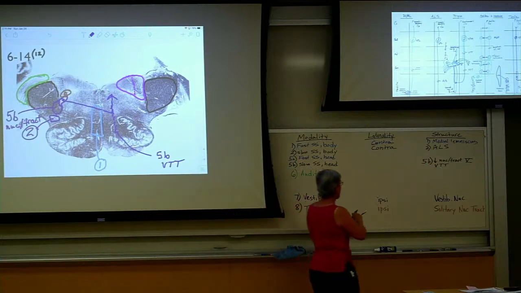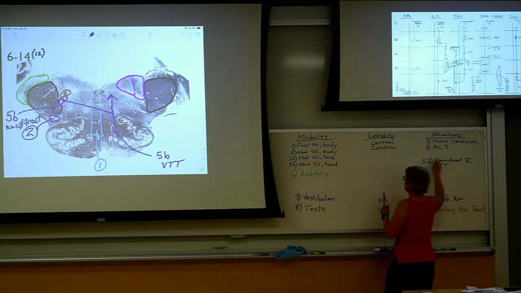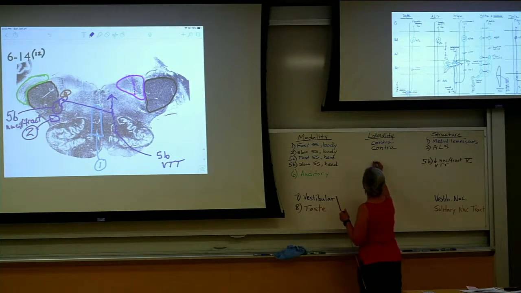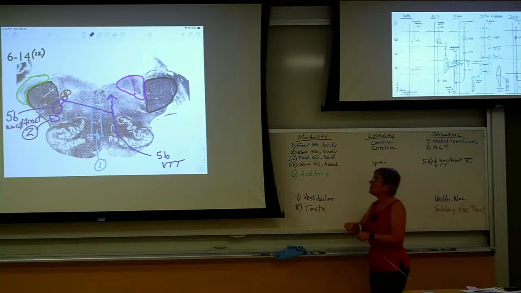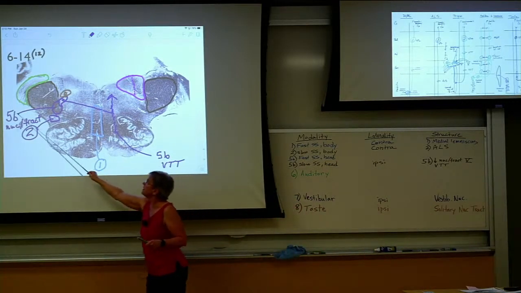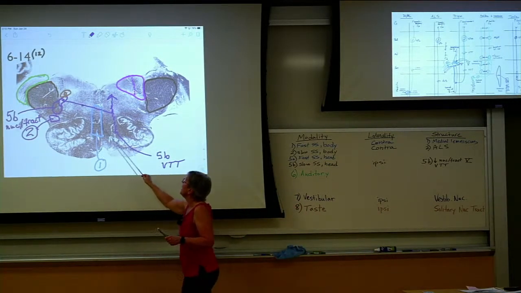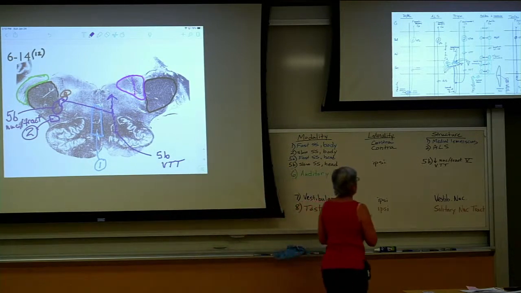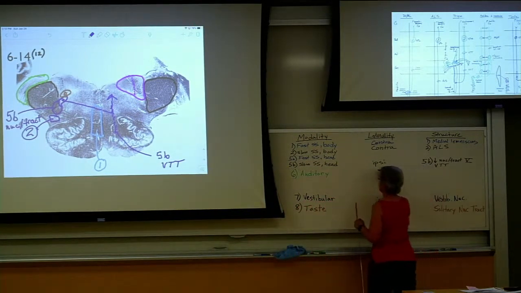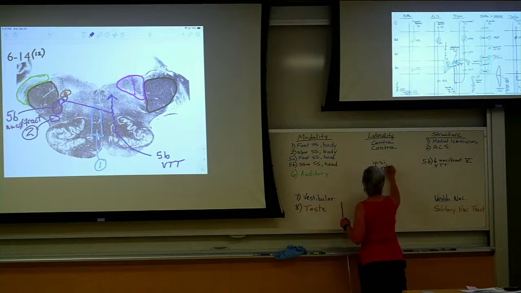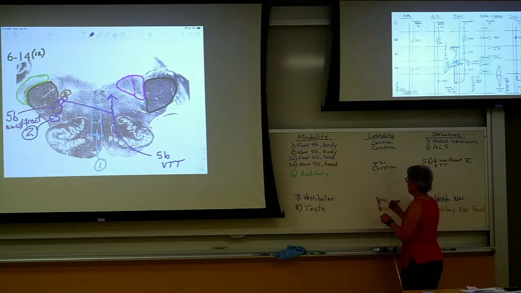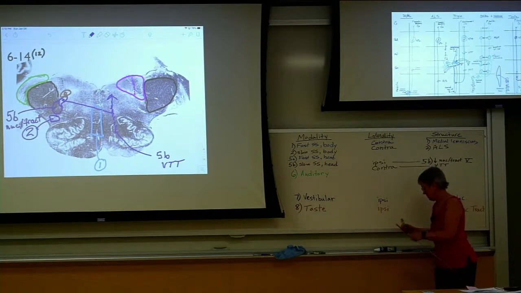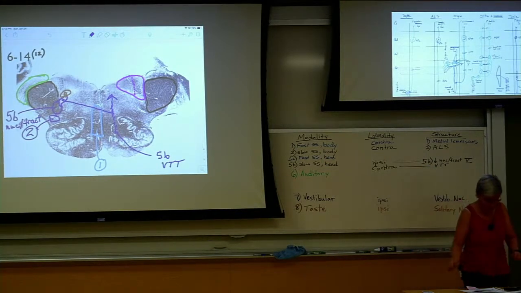Therefore, the nucleus and tract, this prethalamic relay nucleus, the information is coming from the ipsilateral side of the head, coming right in here, and then it's crossing. So VTT, that information is now coming from the contralateral side of the head. This should all be review.